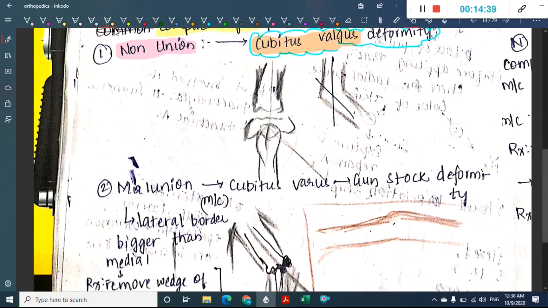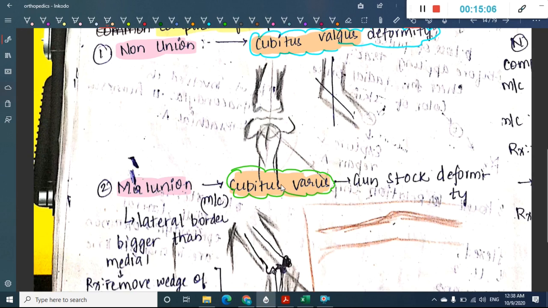Then if there is malunion, which type of deformity is seen? You see cubital varus deformity if there is malunion, that is varus. Both are complications of supracondylar fracture of humerus only, but if there is non-union, cubital valgus deformity is seen.